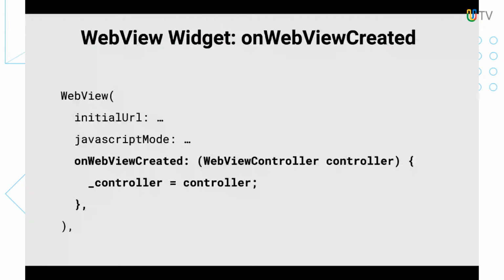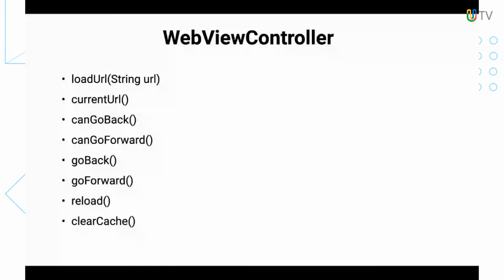And you can keep a reference to this controller so you can control the web view, basically. This controller exposes a bunch of methods like loadUrl, currentUrl, canGoBack, clearCache. These methods are asynchronous, meaning that you will have to do an async await call.